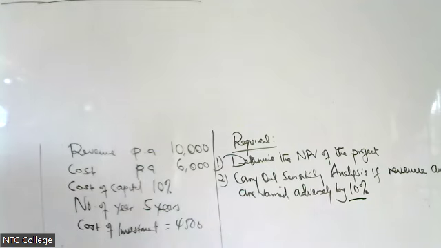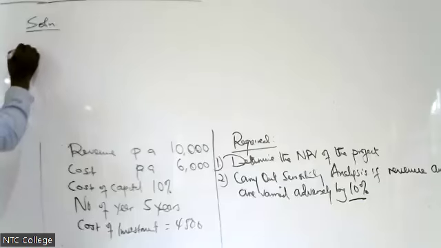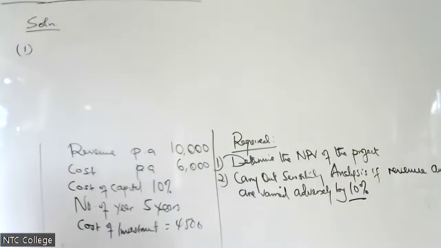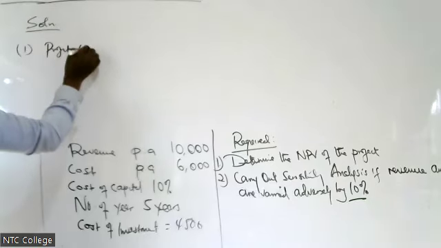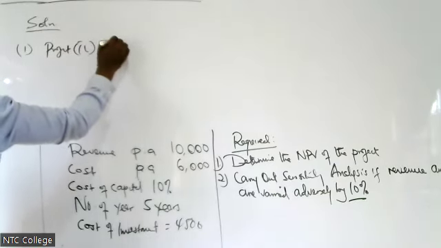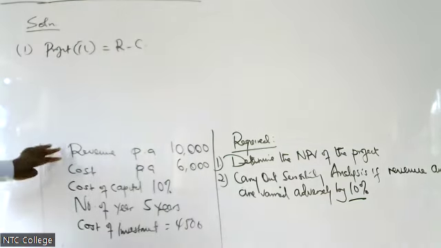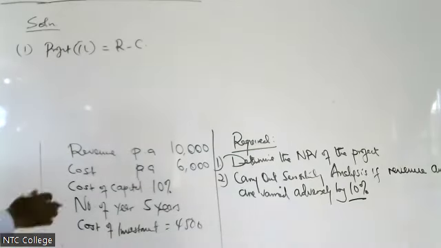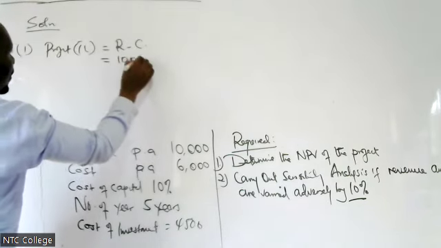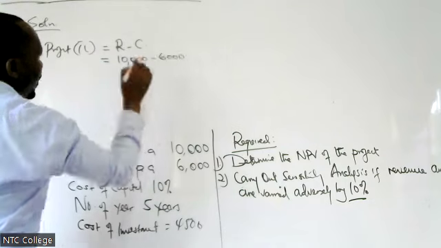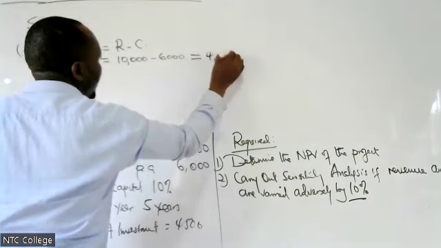So we shall start with our solution. Question number 1. We start by getting our profit. Profit is normally the revenue minus cost. In this case, we don't have quantity, so this is total revenue, total cost. That will give us 10,000 minus 6,000. Our profit is definitely 4,000.